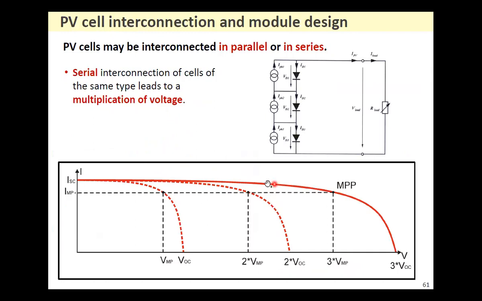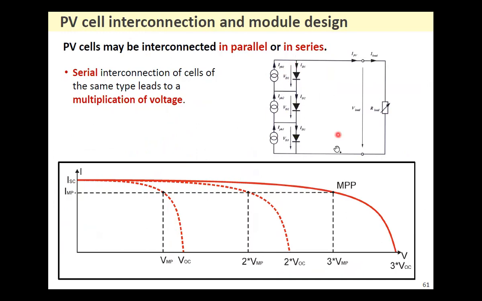Now this is another important slide about PV cell interconnection. Here you have 1 cell, 2 cell and 3 cell. This is the IV curve of 1 cell, with the open circuit voltage and the short circuit current of the cell. If you connect these cells in series, what will happen?